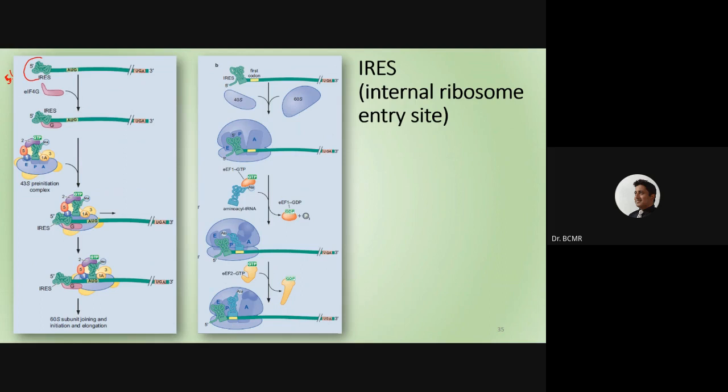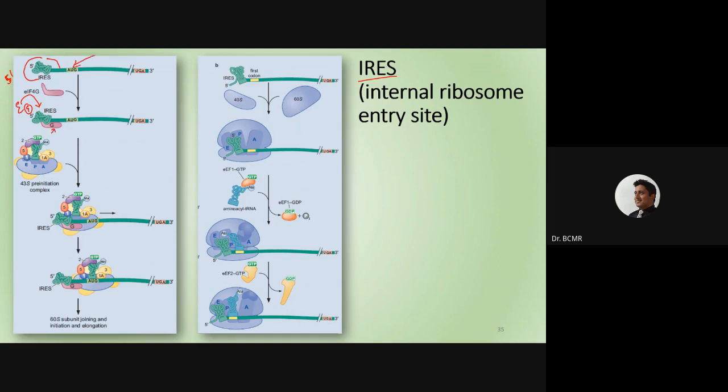Similarly, you have these IRES, internal ribosome entry sites. Here, the IRES folds in such a way that, typically, the mRNA would require a 5' G cap, and eIF4E is bound to it, and then you have eIF factors, including eIF4G.